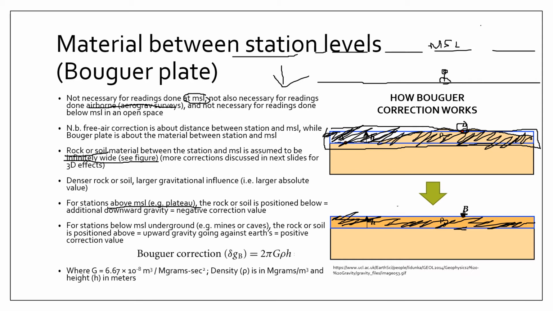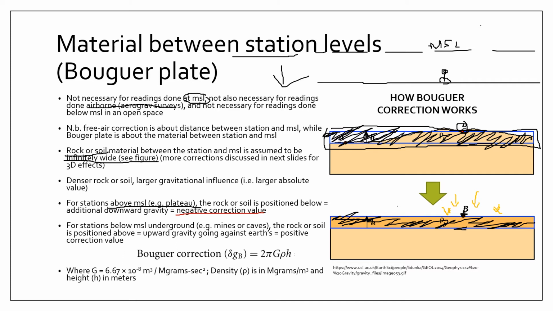And this material is actually exerting additional downward gravitational acceleration on your station. So our compensation here is we use a negative correction value to remove that additional downward pull.